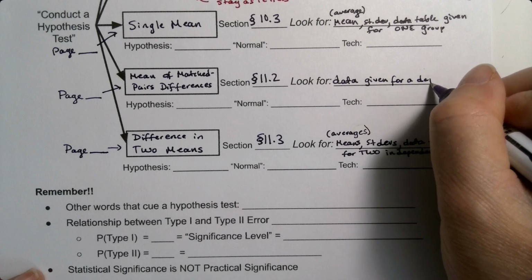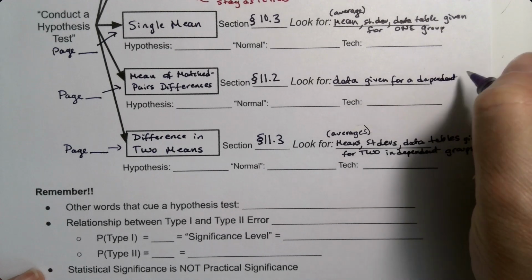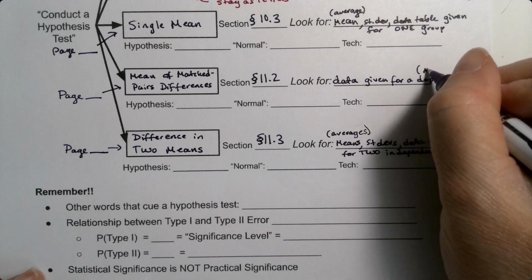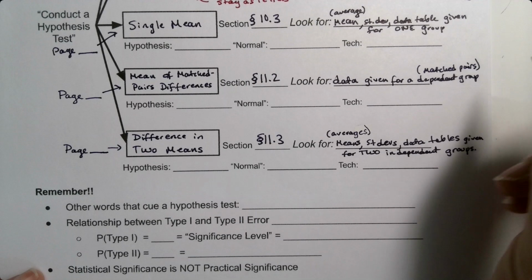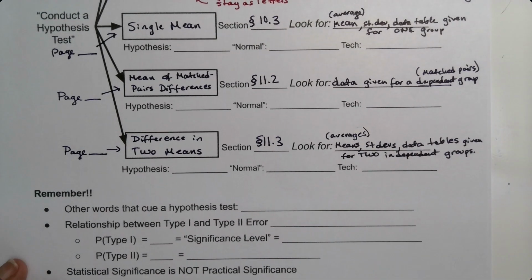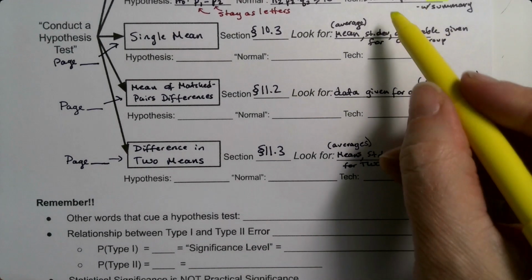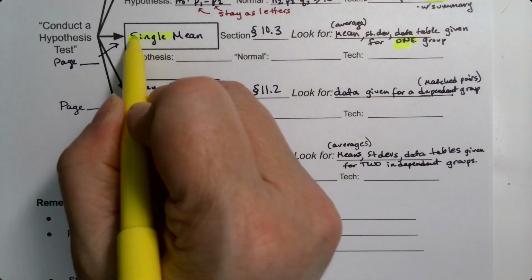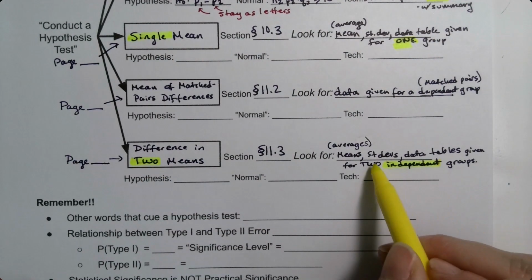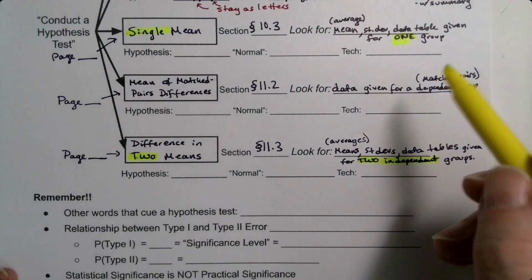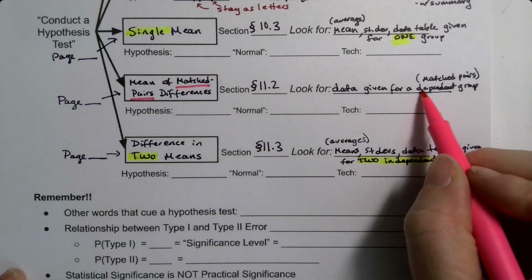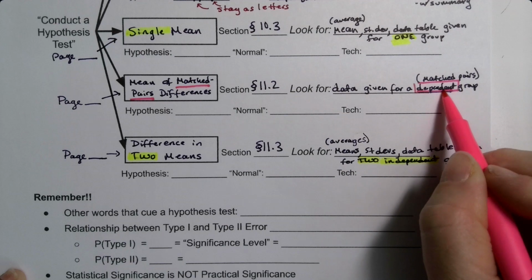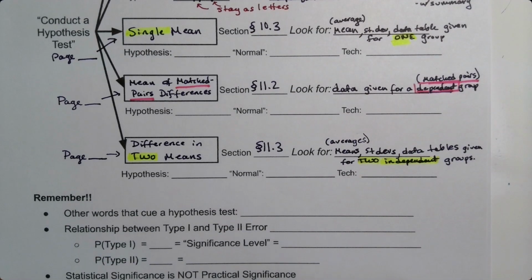And again, usually the way we think of dependent groups are matched pairs. So if you're asked to run a test and it's a dependent group, this is the only one it could be, right? Whereas these are for one group, single, right? Two groups, independent, two groups. This one is dependent. This one's special, right? Matched pairs is special. Matched pairs is dependent.